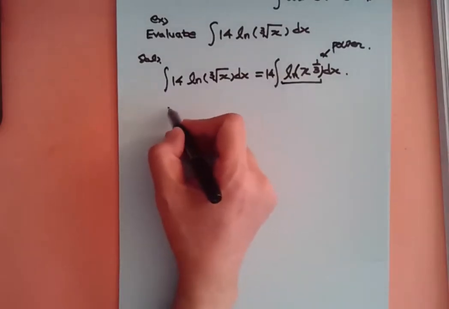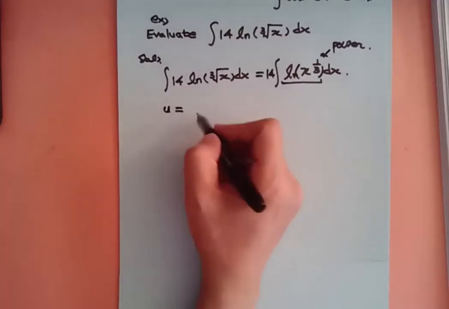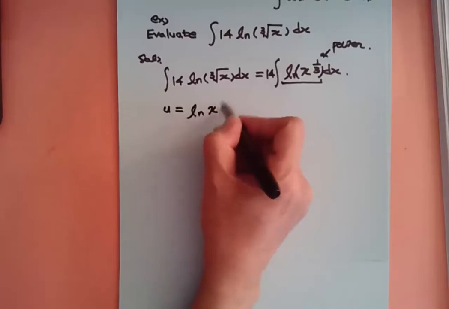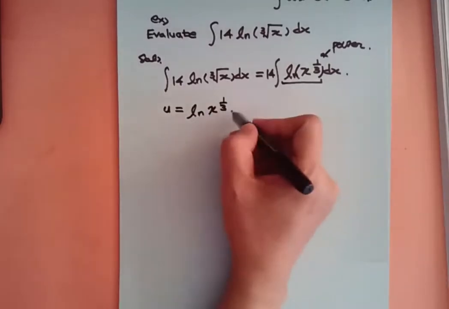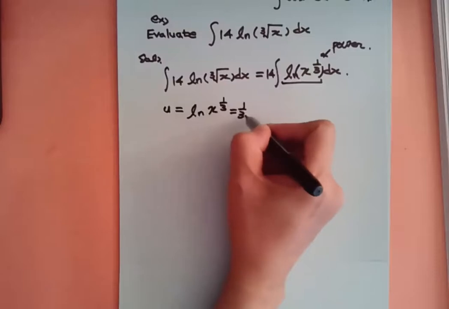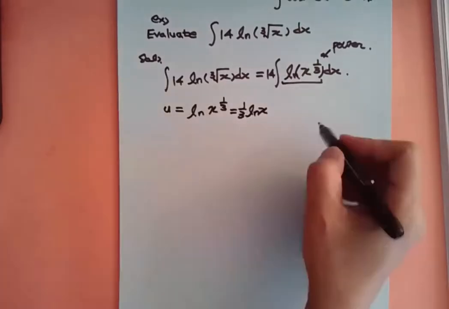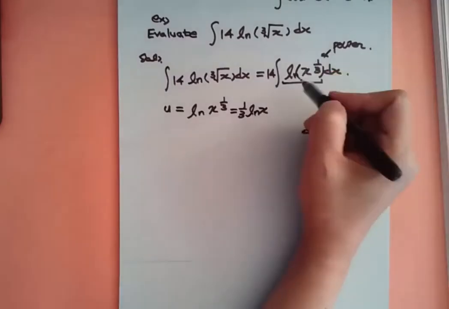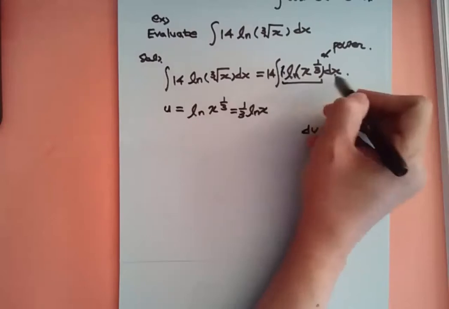As we have been doing, if we have natural log, then that'll be u. So we have natural log of x to the 1/3 power, which can be written as 1/3 natural log of x. And dv, in this case, we just perceive this one as 1 times natural log.